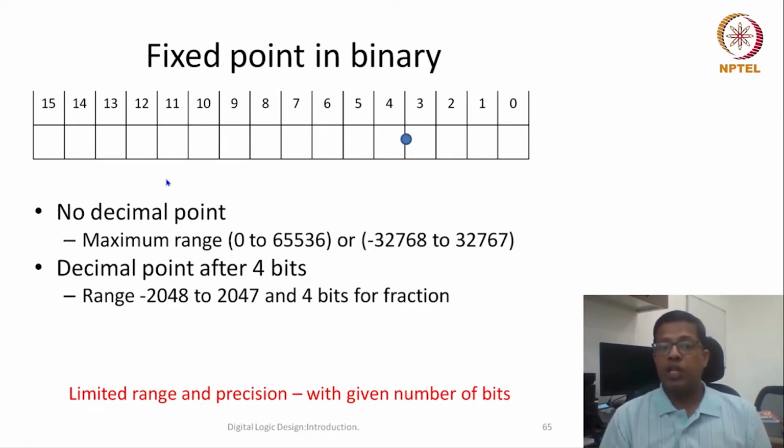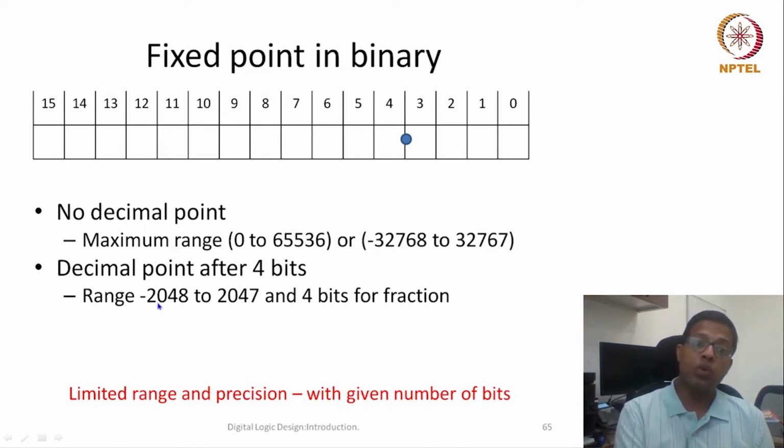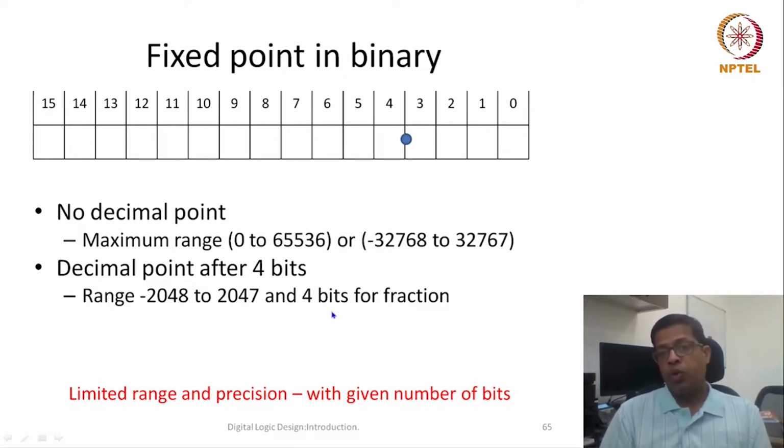So that also means the range will be reduced. If this is a signed number, instead of 32,000 I can represent only minus 2000 to plus 2000, and only 4 bits of fraction. 4 bits of fraction means one of 16 levels.